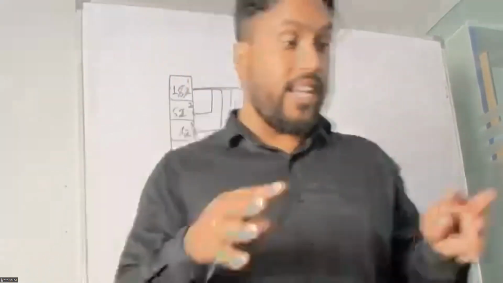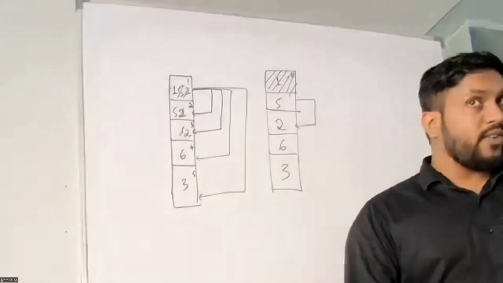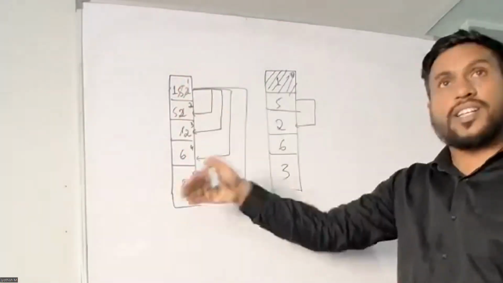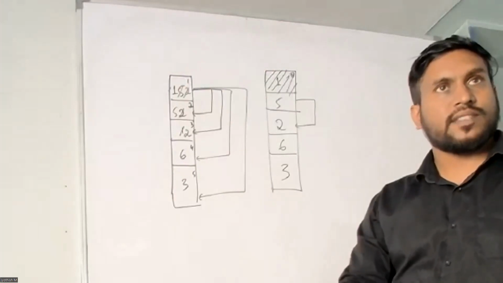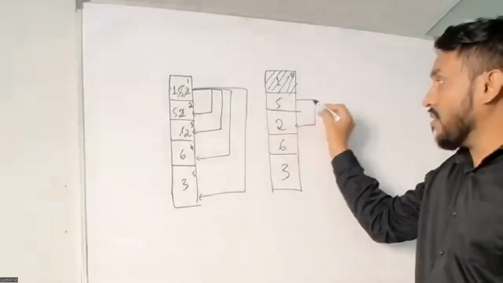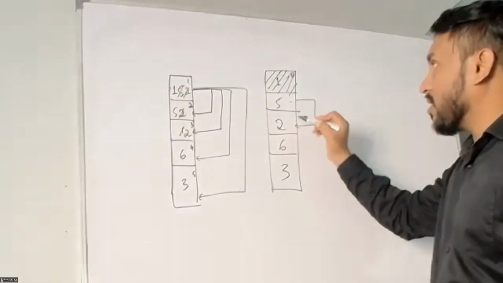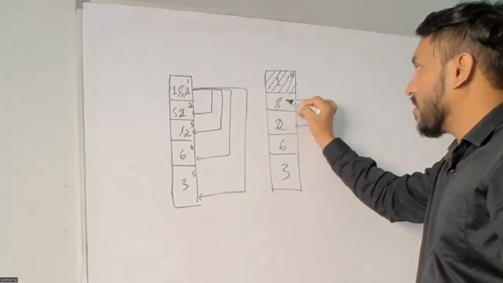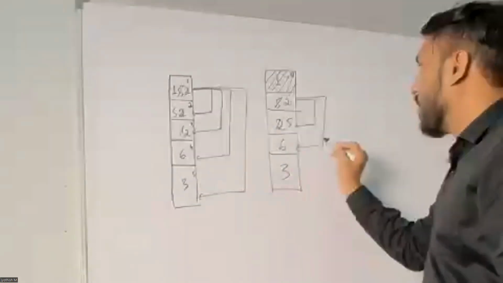If you take this element, the further element is I plus 1. Do we need to swap here? Yes. 2 will go here, 5 will come here.